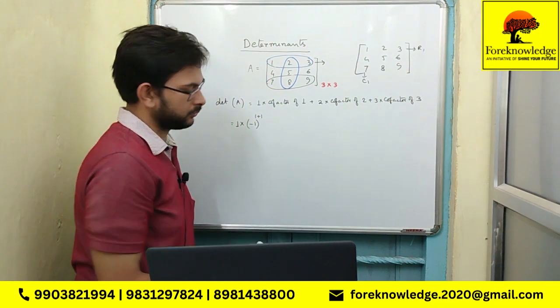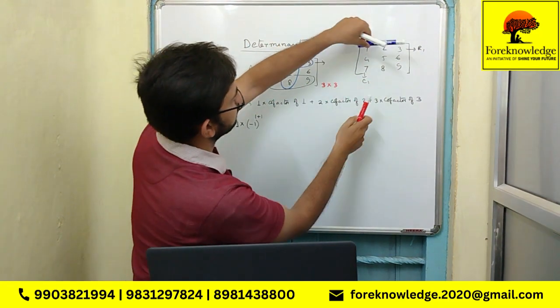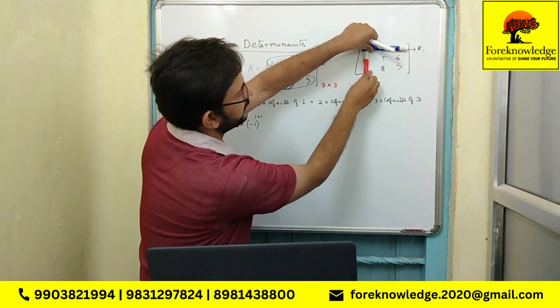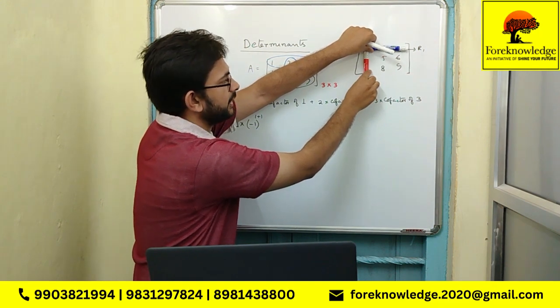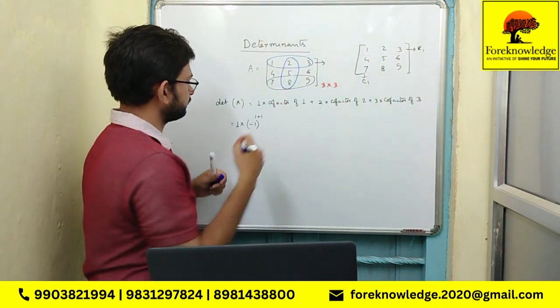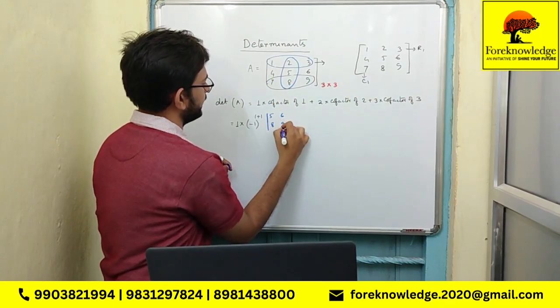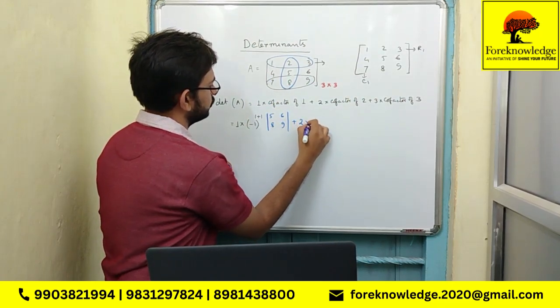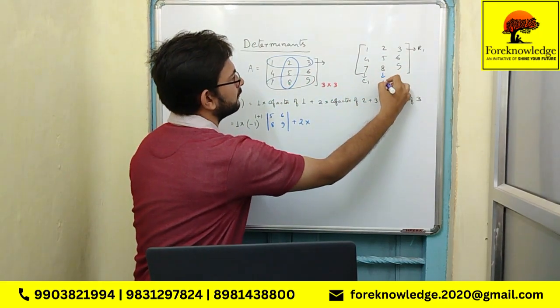Now which subdeterminant do we have to take? Just eliminate where 1 is present. The first row and the first column are eliminated. So 5, 6, 8, 9. Determinant 5, 6, 8, 9, plus 2 into, 2 is present at row 1, column 2.